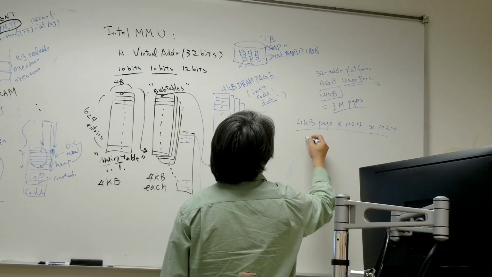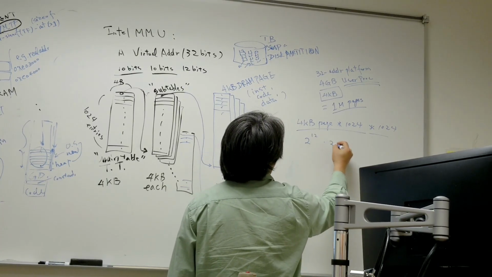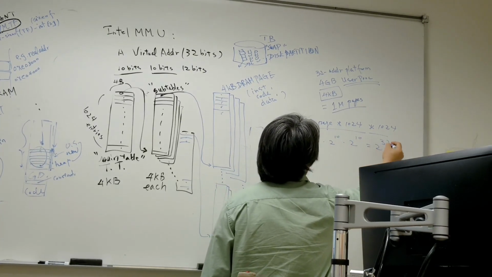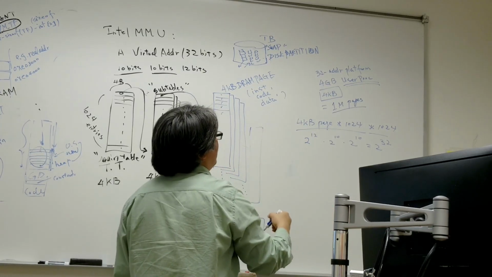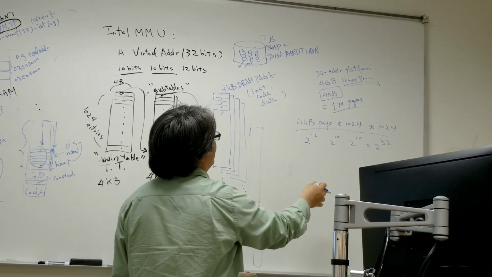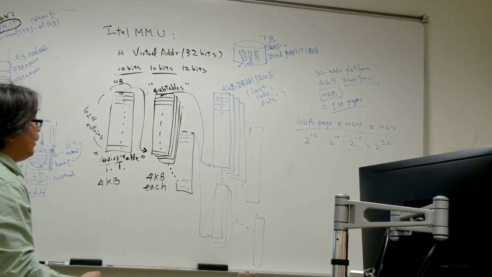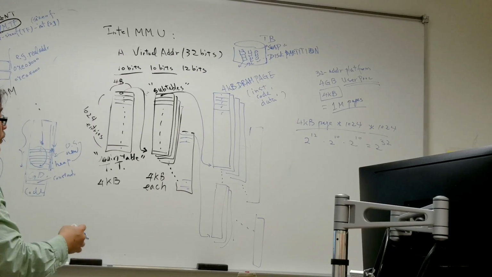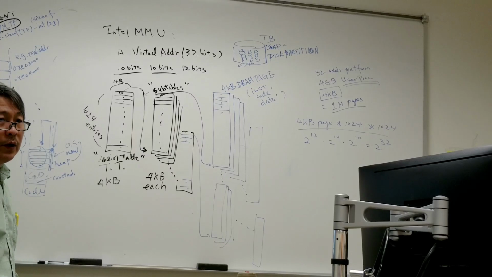So basically it's still the same, 2 to the 10, so it's still 2 to the 30. That's still the total addressing by bytes. So nothing changed. But what changed is that we're going to have virtual address translation, and most processes only use a few entries. They don't need to use all the entries.